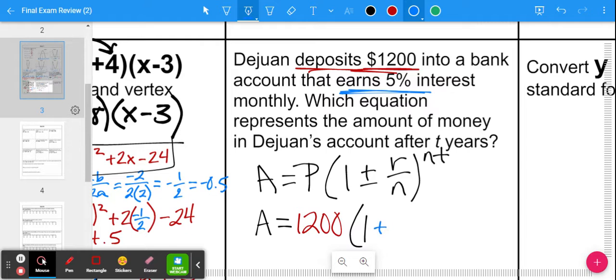So we're going to add 0.05. n is the number of times that it is compounded. So because this is compounded monthly, we're going to put that over n, and then n times t goes in your exponent. So n is the number of times it's compounded, and t is your amount of time.